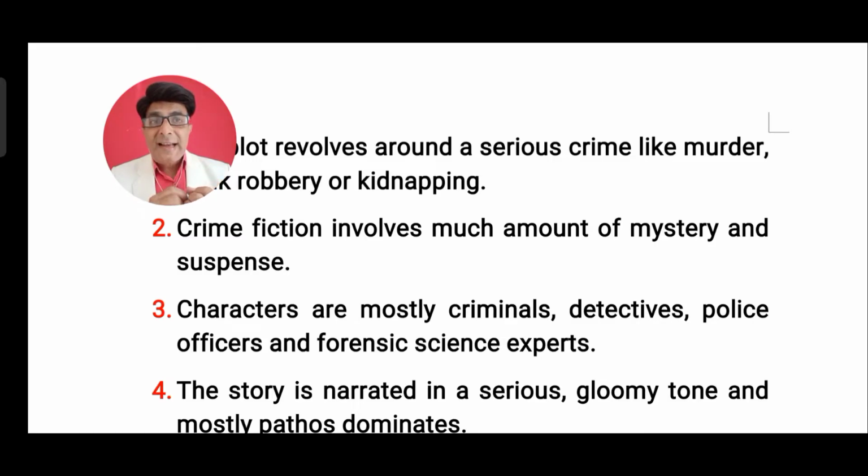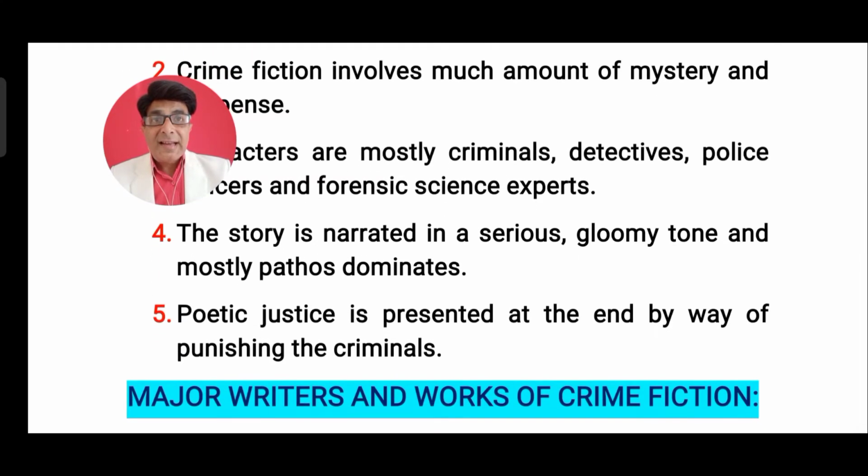Who are the characters in such novels? The characters are mostly criminals, police officers, sometimes detectives. Now these detectives may be professional and may not be professional, and sometimes science experts, scientists are also presented as characters. The story is generally presented in a very serious tone. Why? Because it's a crime fiction.